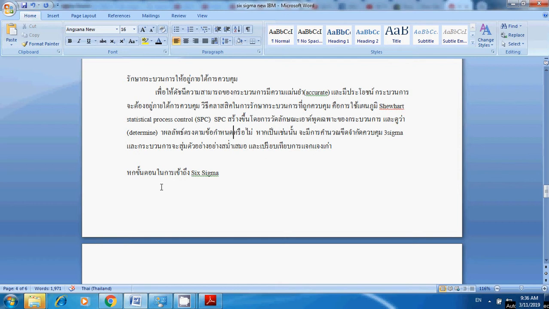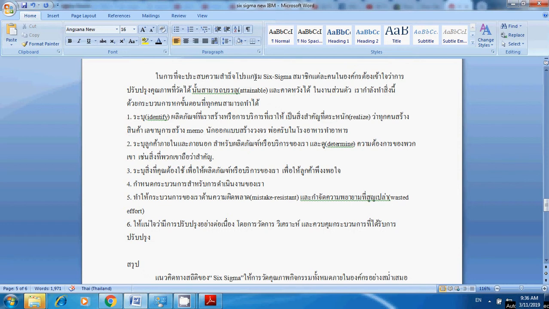Next are the 6 steps to achieve Six Sigma. To succeed in a Six Sigma program, each member of the organization has to understand that the development of measured quality is attainable and expected in their personal work.